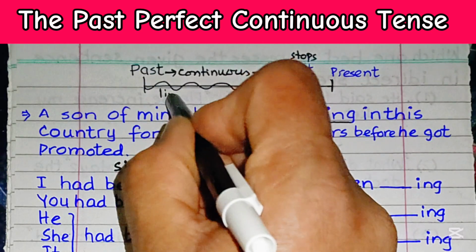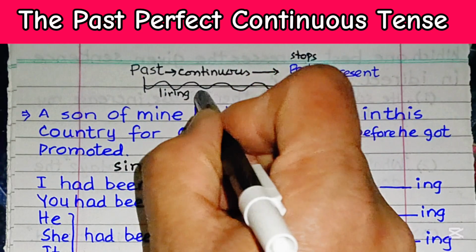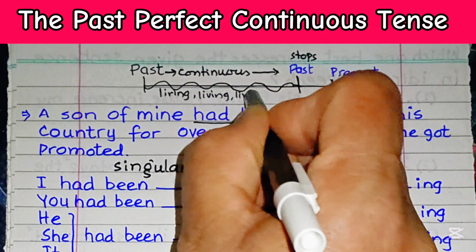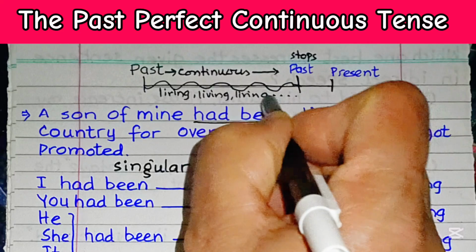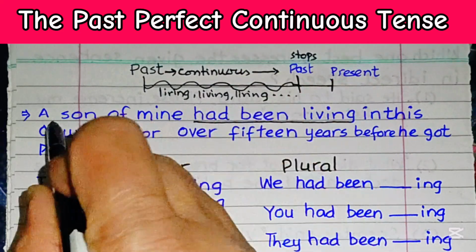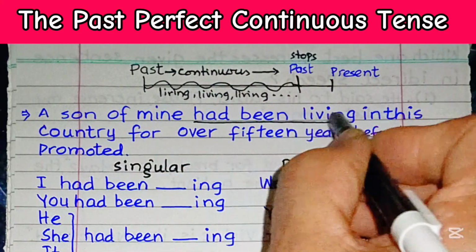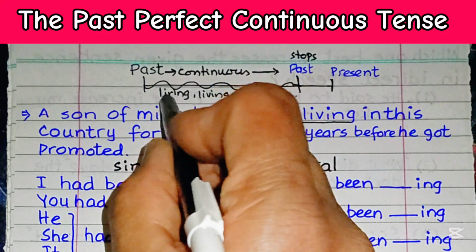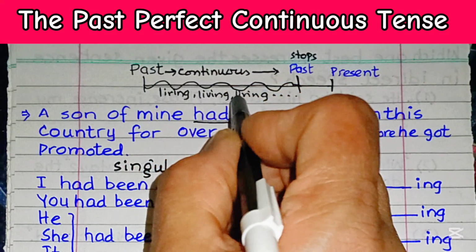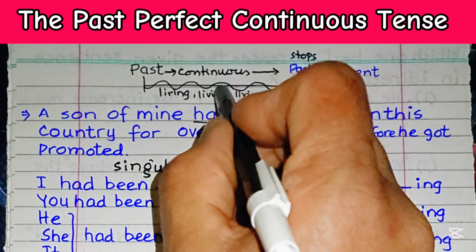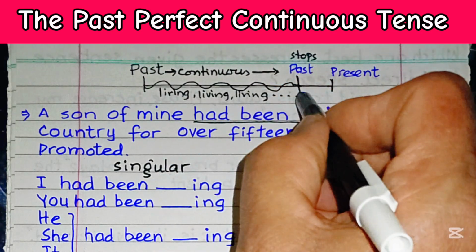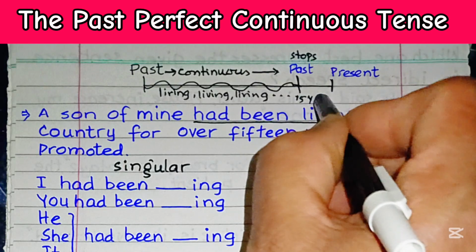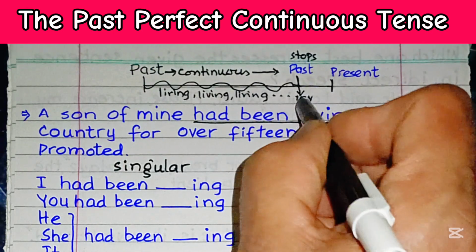So he was living in the past. A son of mine had been living in this country for over 15 years. He was living in that country for 15 years. So then came 15 years over here, this point.